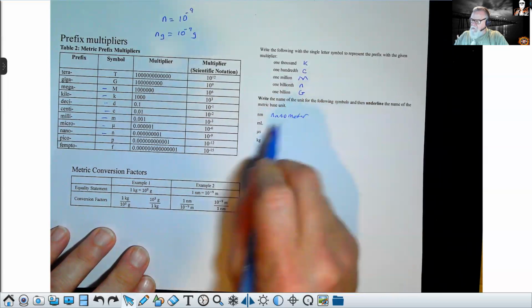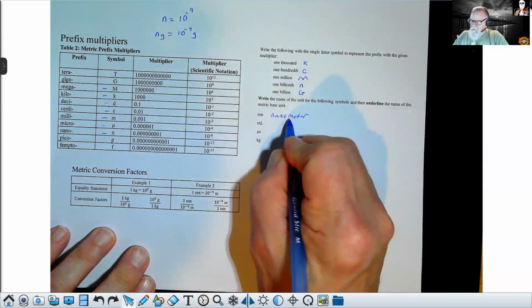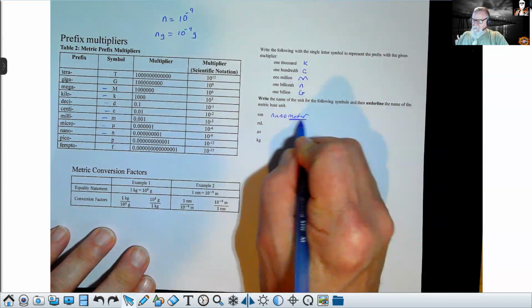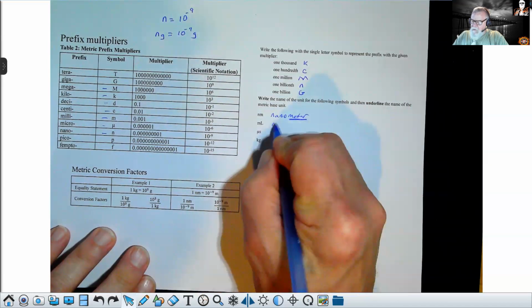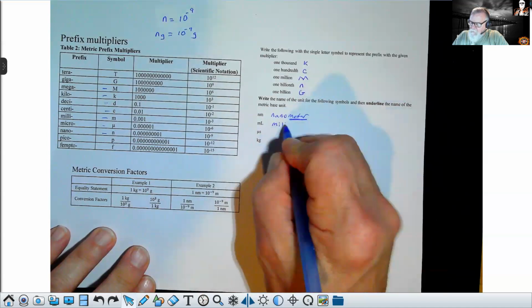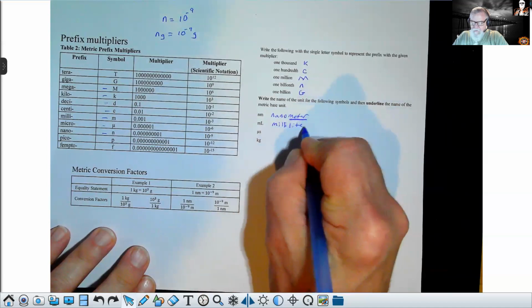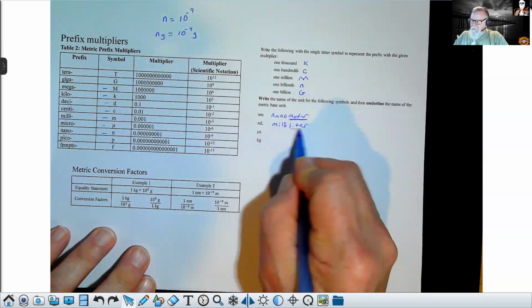And then we're supposed to underline the name of the metric base unit. The metric base unit is going to be meter. Okay. Milliliter. So that's milli. And then, oh, sorry, that's supposed to be 2 L's. Milliliter. Okay. And so the metric unit here is liter.